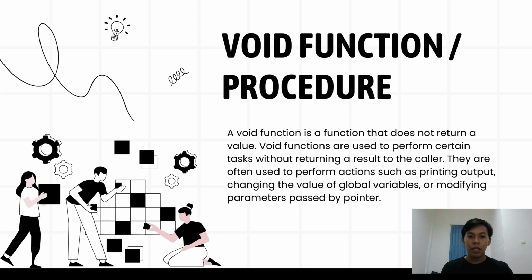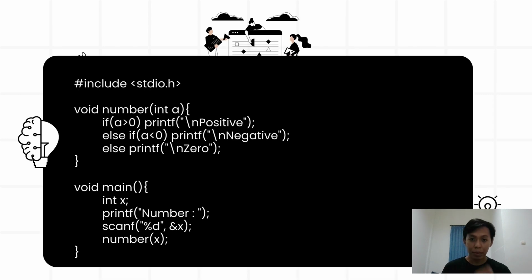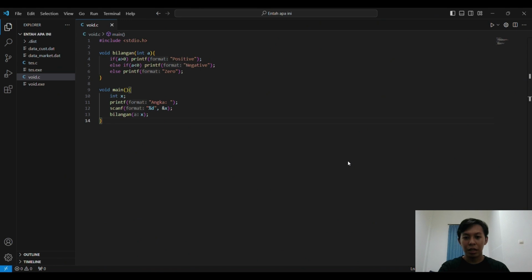And we have an example. Let's go to the example program. First, we include the standard library stdio.h, and then we create a void function called number. If a is greater than 0, the output is positive.